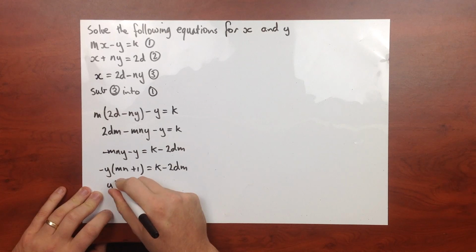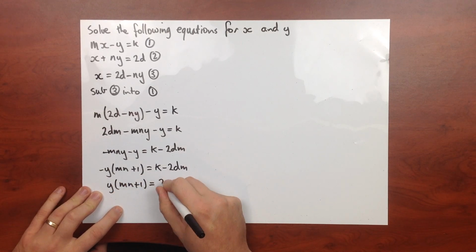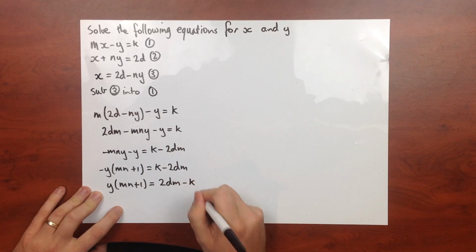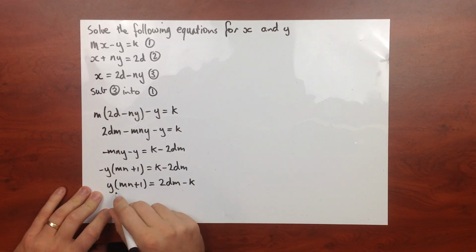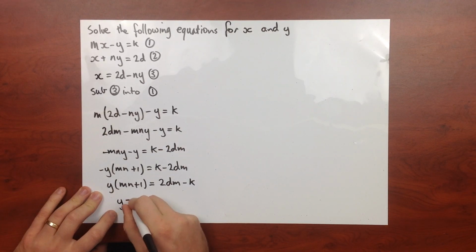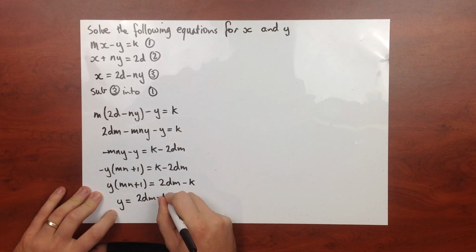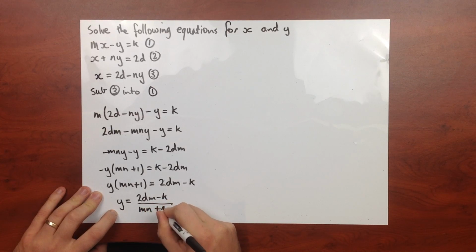So I've got y outside of mn plus 1 equals 2dm minus k. I've just changed my signs there, written them in the other order. Now I simply need to divide by this bracket, so that y equals 2dm minus k on mn plus 1.